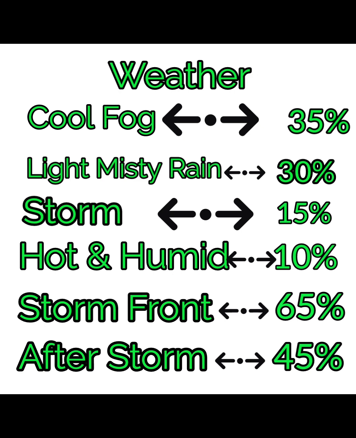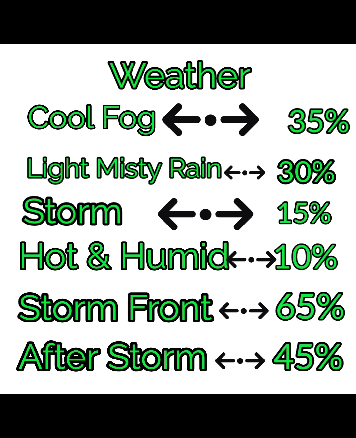During a light, misty rain, you are 30% more likely to have a sighting or incident. During a storm, that drops to where you are only 15% more likely to have a sighting or incident. On a hot and humid day, you are only 10% more likely to have a sighting or incident.